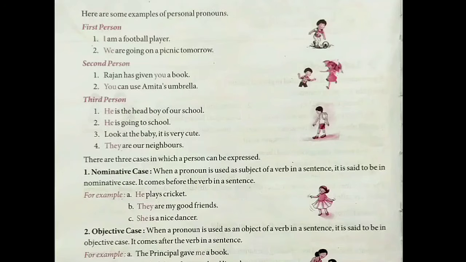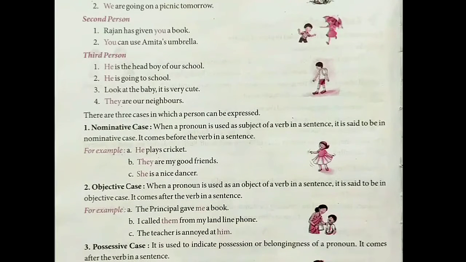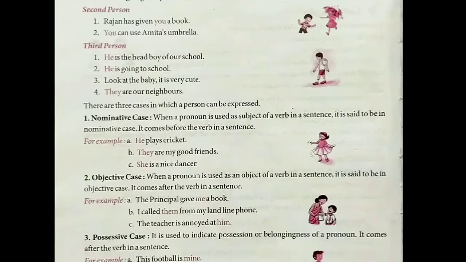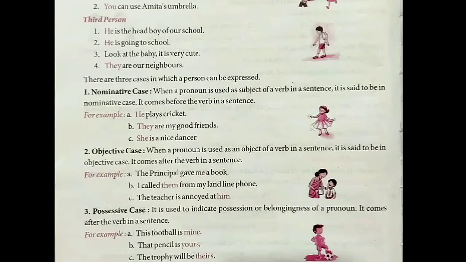There are three cases in which a pronoun can be expressed: nominative case, objective case and possessive case. The first one is nominative, where the pronoun is used as the subject of the verb. Here he is the subject and plays cricket is the predicate. Here plays is the verb, so what is the subject of the verb? He.